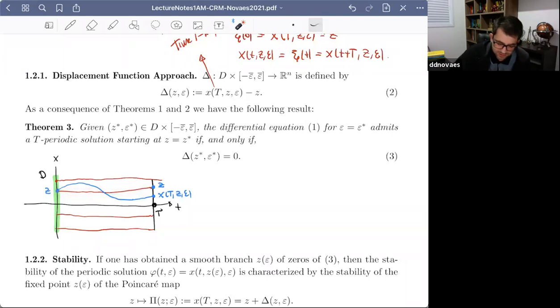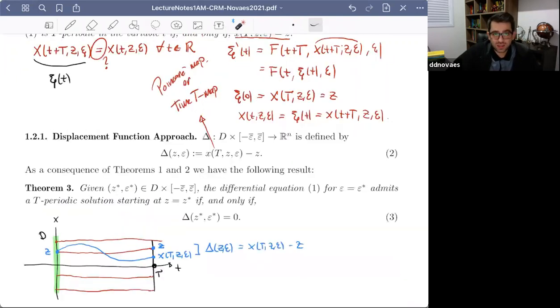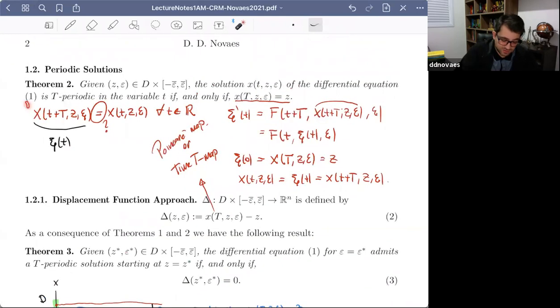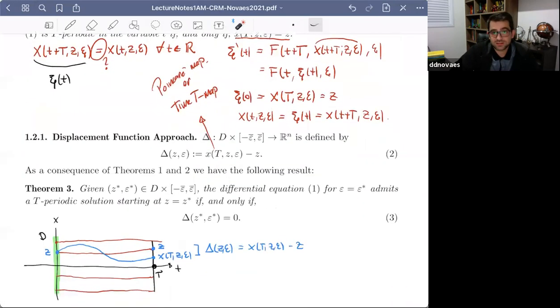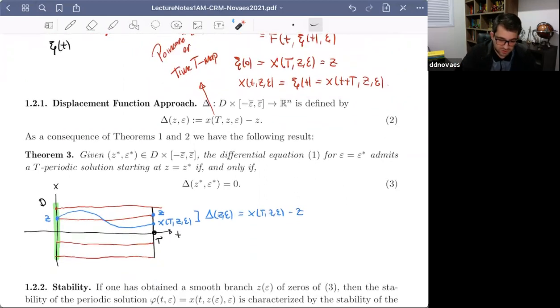The displacement function is the difference between these two positions, x(T, z, epsilon) minus z. So when I have a zero of the displacement function, this solution starts at z and ends at z. Since our differential equation is periodic, by the very same argument, it corresponds to a periodic solution of our differential equation.